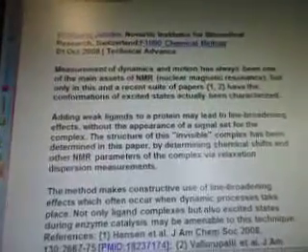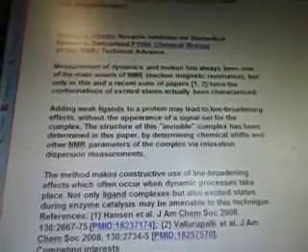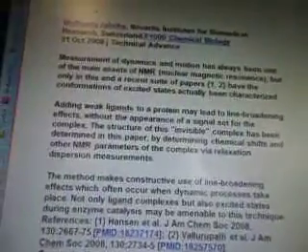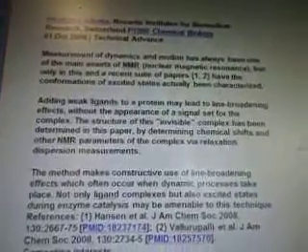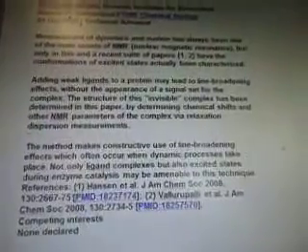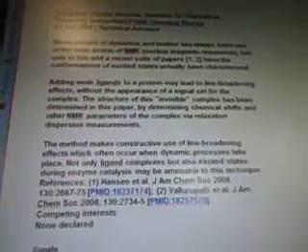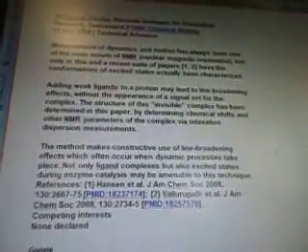Wolfgang Jahnke, Novartis Institutes for Biomedical Research, Switzerland, 2008. Measurements of dynamics in motion has always been one of the main assets of NMR, nuclear magnetic resonance. Now, NMR has come up several times, so there must be some sort of technology with it that's going to be used for something. But only in this and a recent suite of papers have the conformations of excited states actually been characterized.